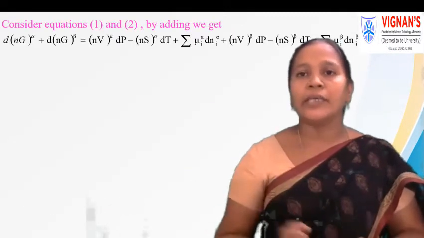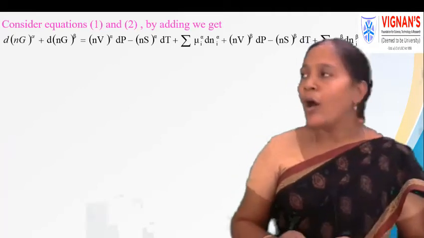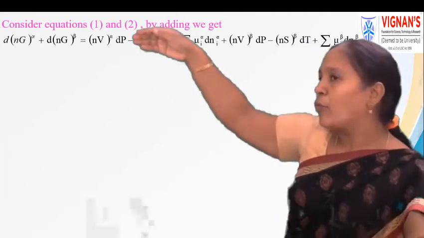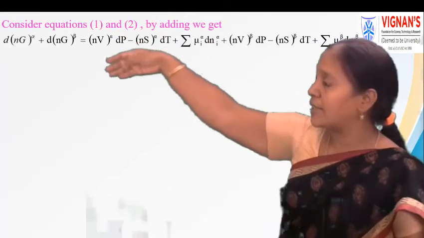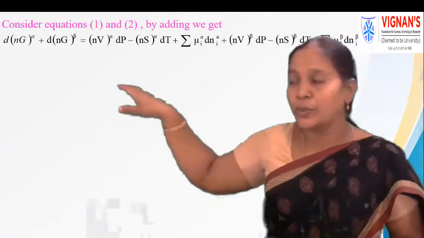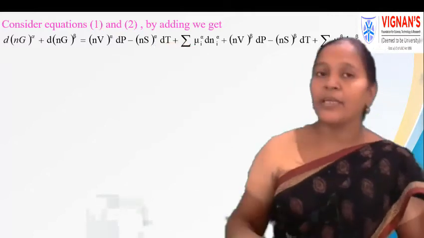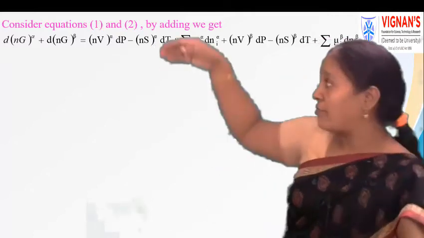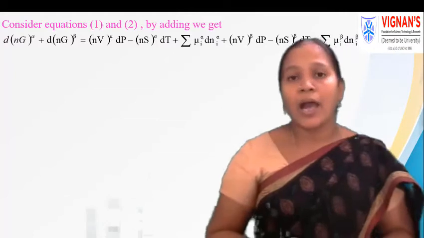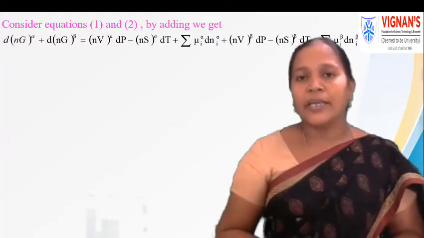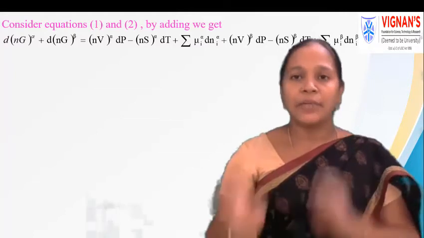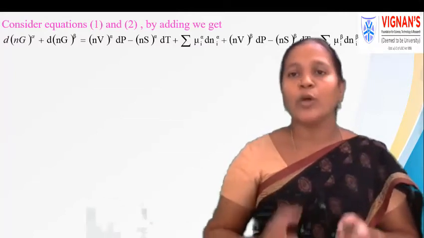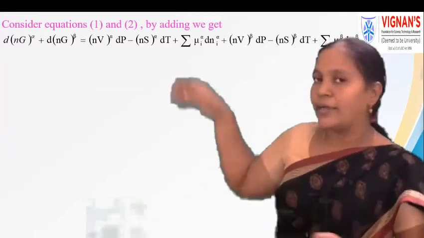Now adding equations 1 and 2, we get d of nG power alpha plus d of nG power beta equals nV power alpha dP minus nS power alpha dT plus sigma mu i alpha dni alpha plus nV power beta dP minus nS beta dT plus sigma mu i beta dni beta.